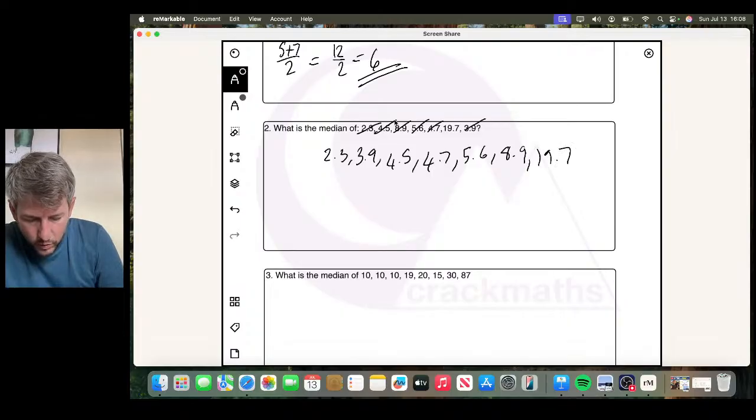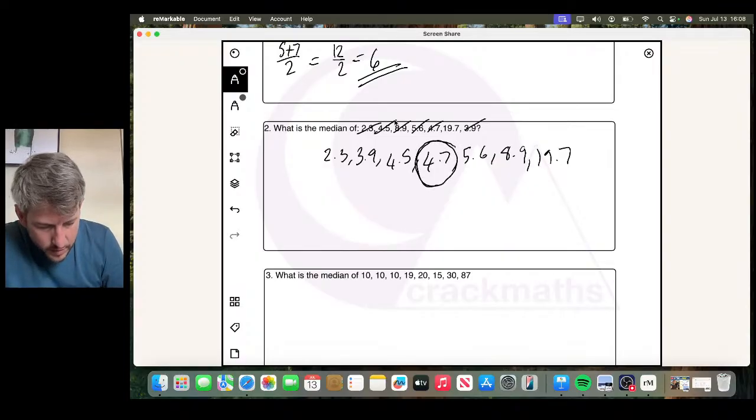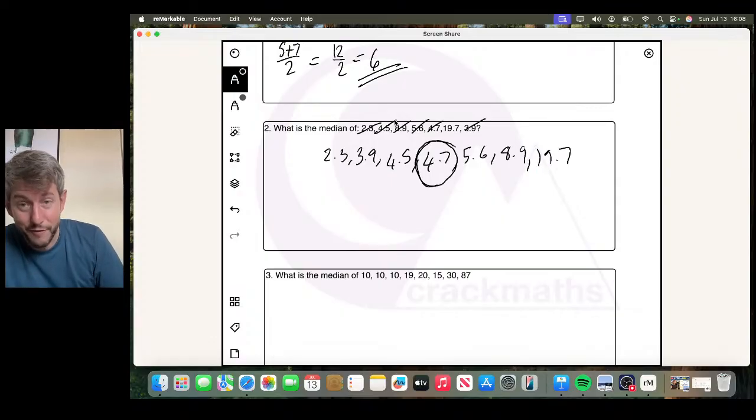Okay, so 1, 2, 3, 4, 5, 6, 7 this time. So we actually do have a middle number, and it's this one here, because we've got 3 numbers this side and 3 numbers this side. So therefore 4.7 is the median.